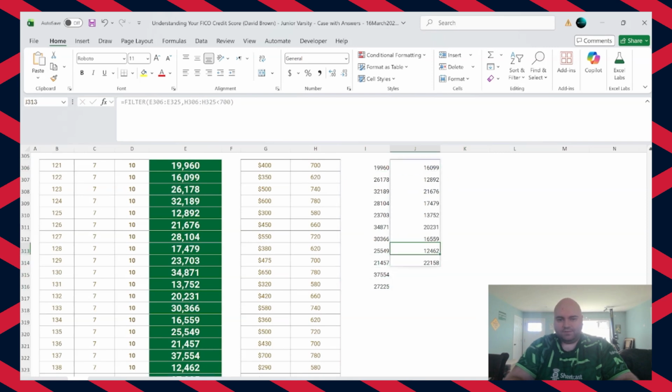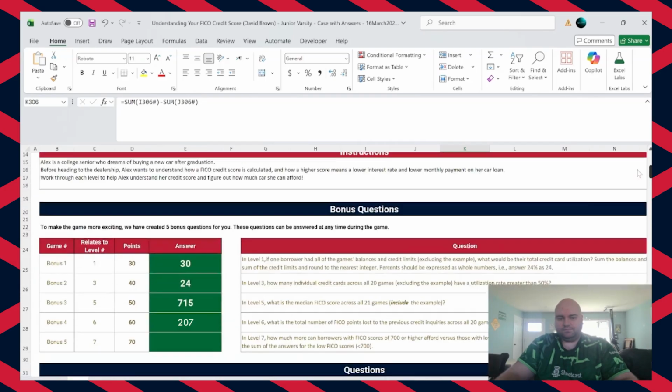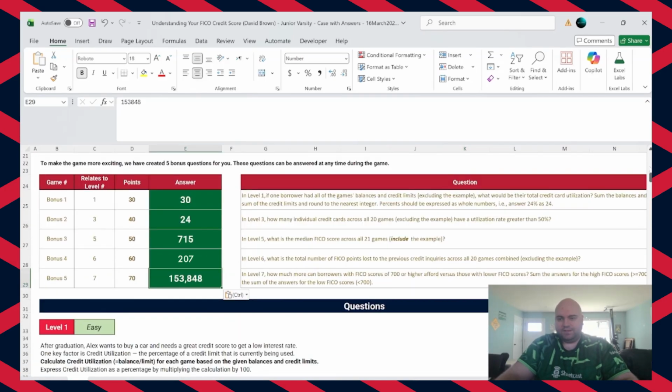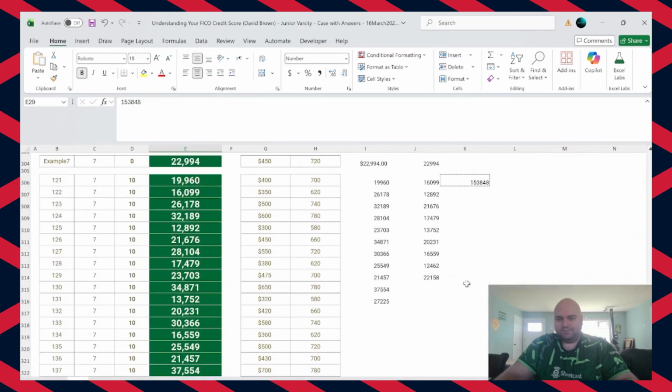Sum this, take away the sum of this. So equals sum of this minus sum of this. And that is our answer. So how much more money? It's that. It does help that there is 2 more on the high versus low.